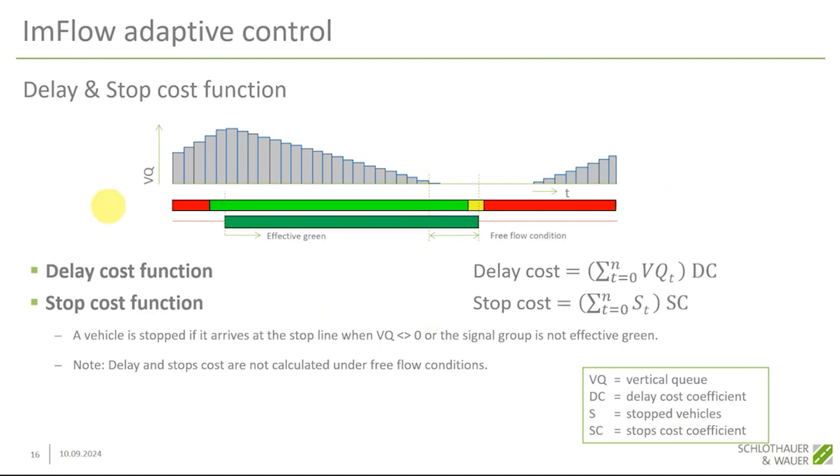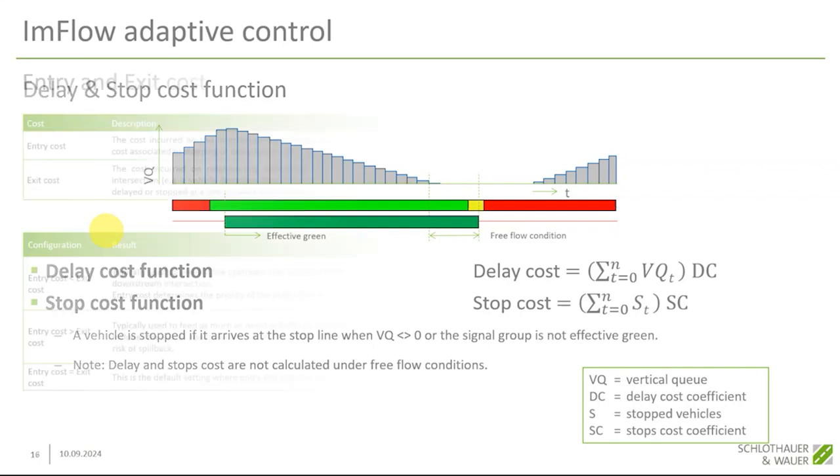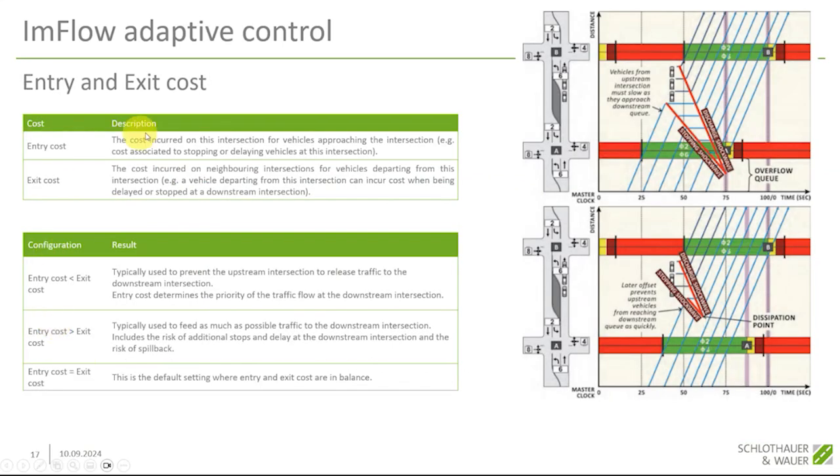With this cost function, you can actually balance your control with these costs. You need one more thing as a parameter, and these are the entry and exit costs. And then there are several other costs, but these are the most important ones. These are actually factors that you can put on certain parts of the road, where you can weigh the entry or the exit of an intersection differently against one another.